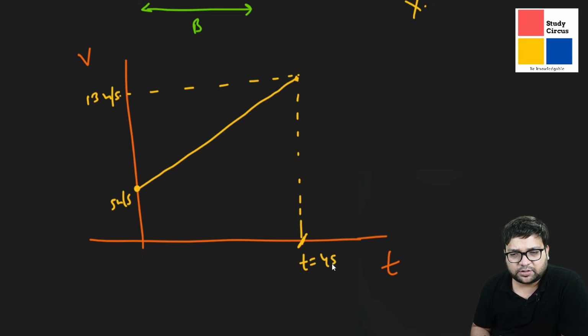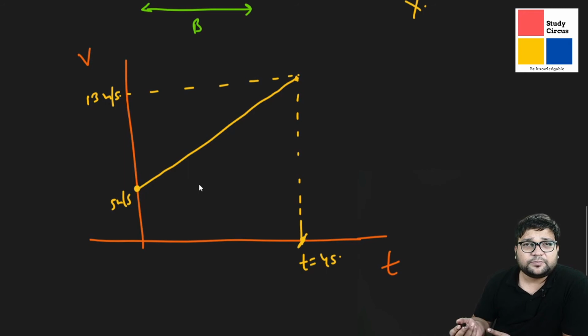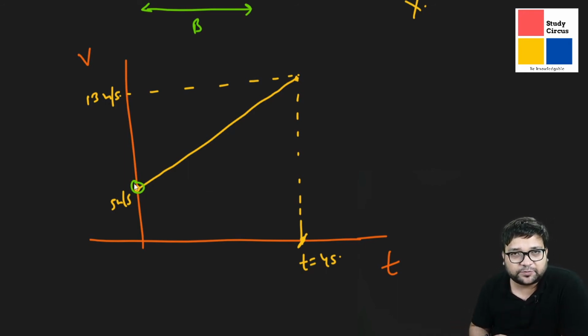At this point, time is 4 seconds. What is the displacement that is happening? Initially it was traveling already with the speed 5 meters per second, and the speed became 13.